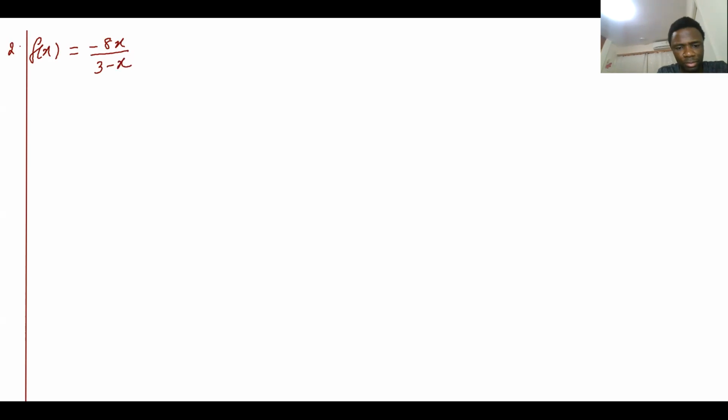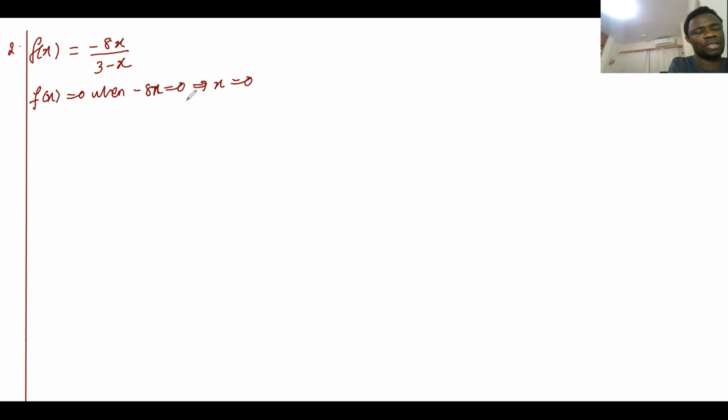Checking again. Yes. So step 1, when is this function equal to 0? f of x is equal to 0 when negative 8x equals 0, which implies x is equal to 0. We are going to divide, not add.